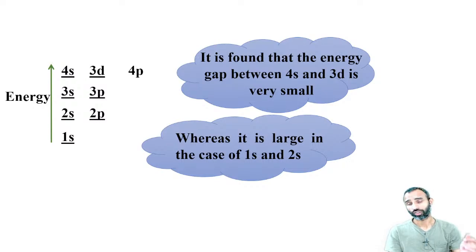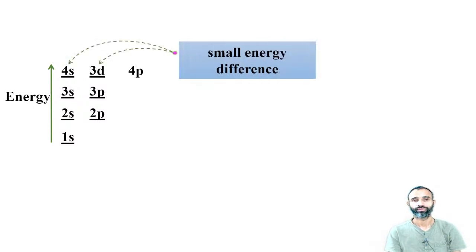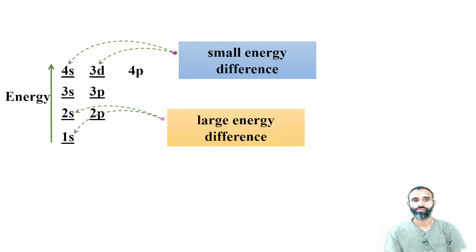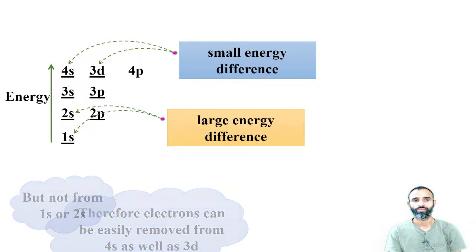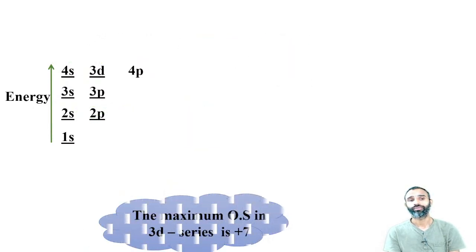But in the case of 1s and 2s, it is very large. So that's why the number of electrons goes on increasing.